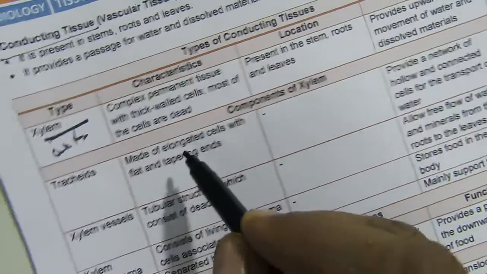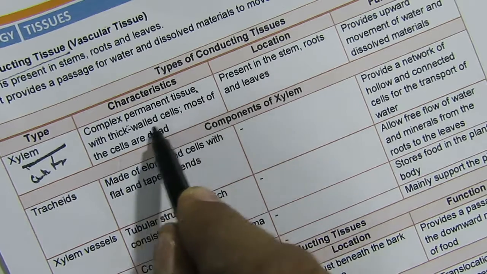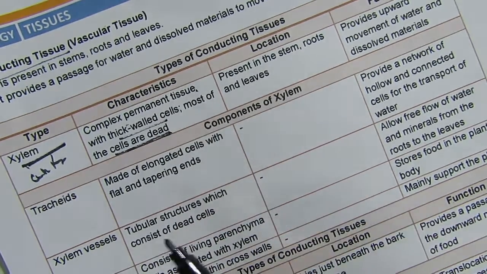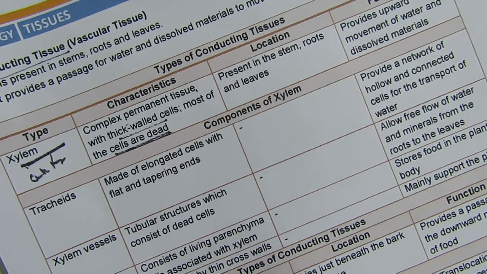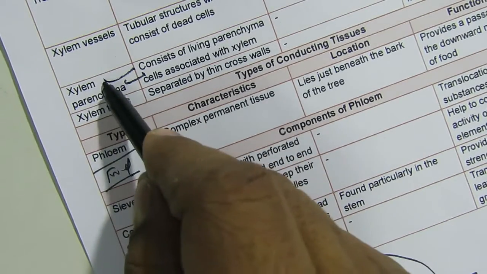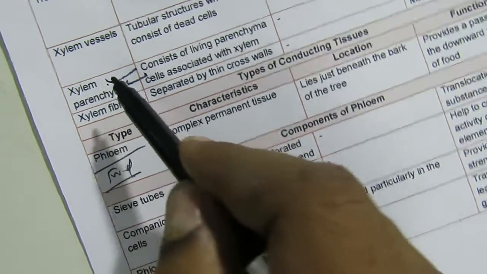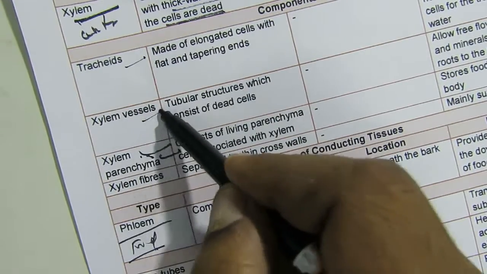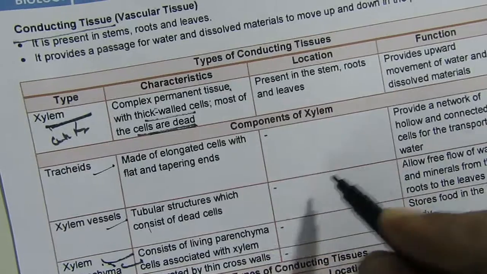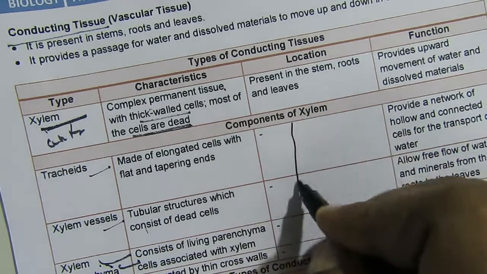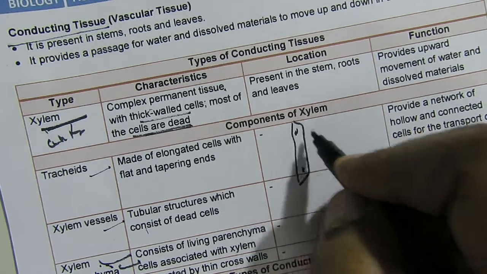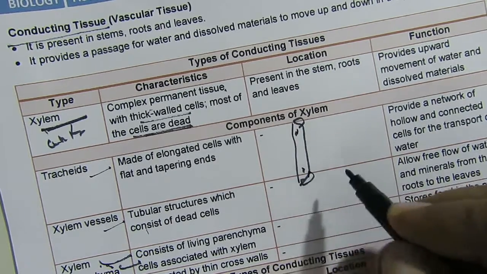Now xylem is a permanent tissue, thick walled. Most of the cells are dead except the xylem parenchyma. Only xylem parenchyma is living. You can see there are elements like tracheids and vessels. They are long tube-like cells. Tracheids have tapering ends, they conduct water, and they are hollow inside.